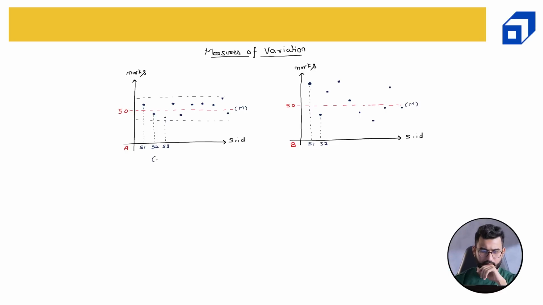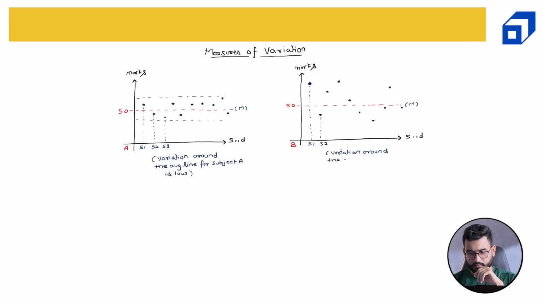So here, the variation around the average line for subject A is low, while for subject B the variation around the average line is high.